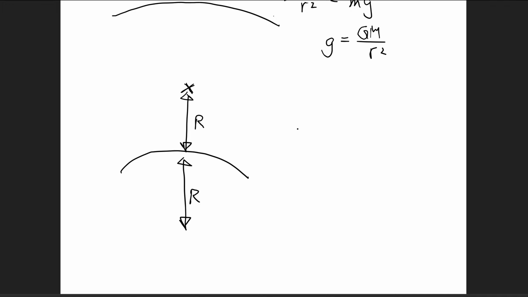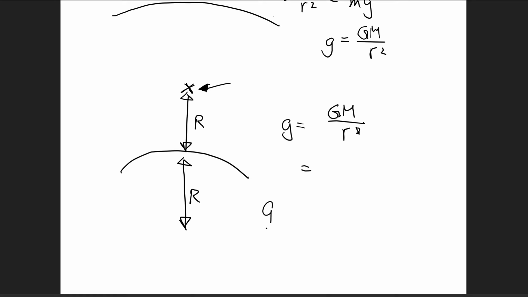So let's find the gravitational field strength at this point. You can substitute into this formula. You are given the mass of the Earth and also the radius of the Earth already, so you can substitute in and find the answer.